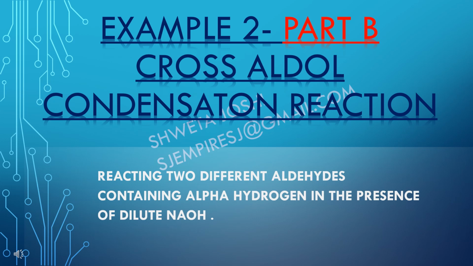Now, for part B of this reaction, we are going to take ethanol and propenyl again. But this time, the difference will be that we are going to migrate alpha hydrogen of propenyl instead of alpha hydrogen of ethanol.